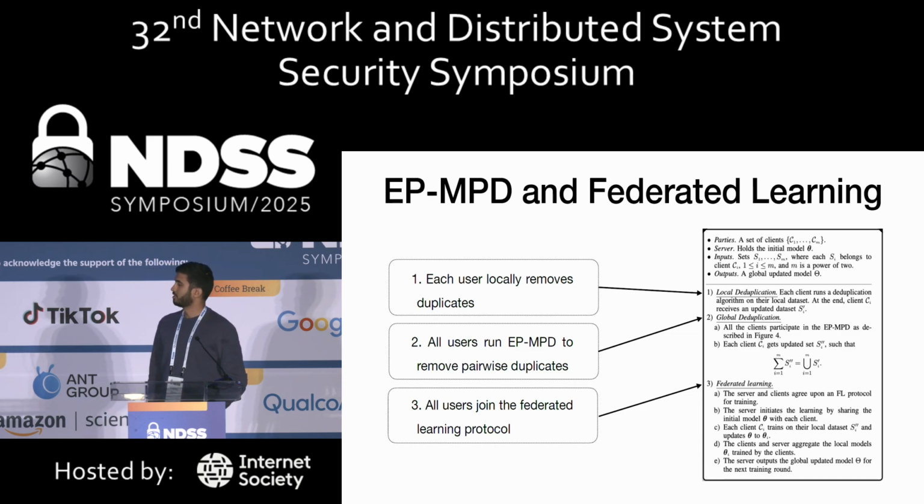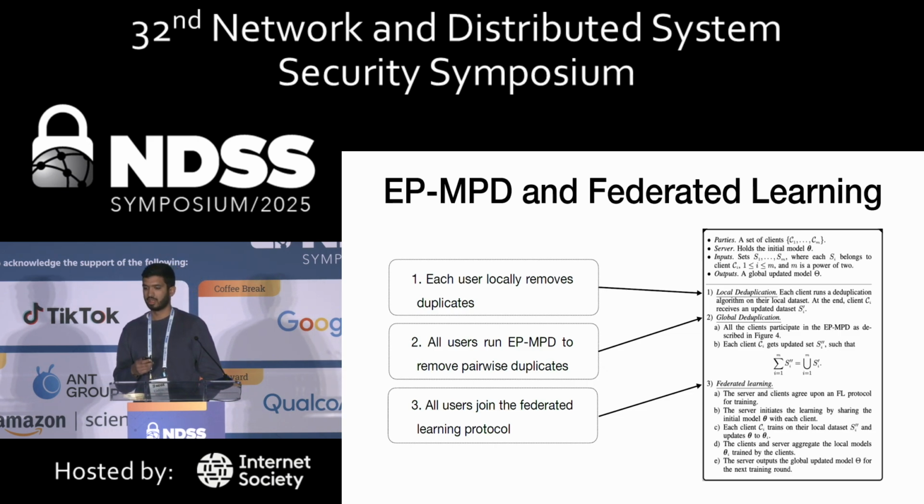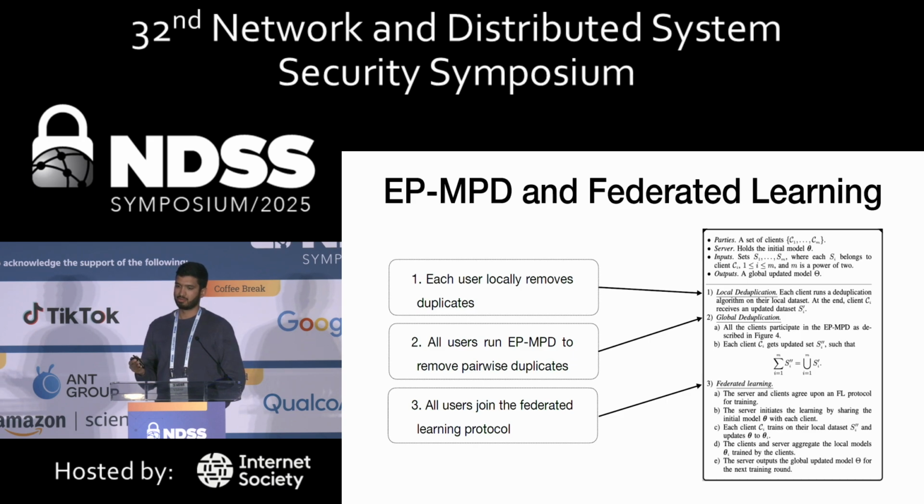So now that I've defined how EP-MPD can utilize the group PSI as a building block to remove our pairwise duplicates, I'll talk about the end-to-end functionality about how EP-MPD can be used in federated learning. So in the first step, each user in the federated learning protocol removes the local duplicates by simply performing local deduplication, which is trivially private.